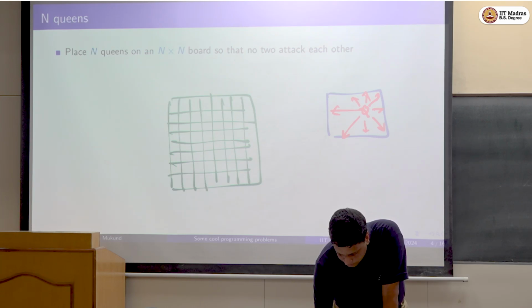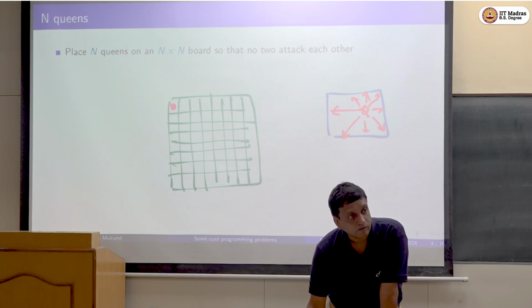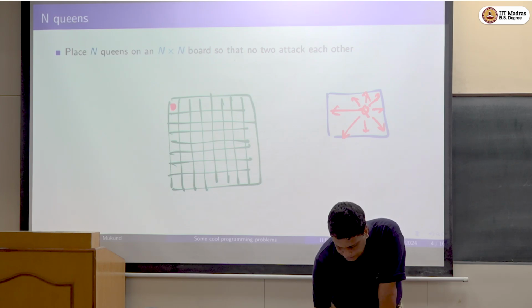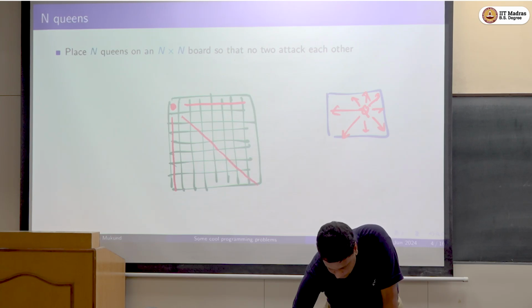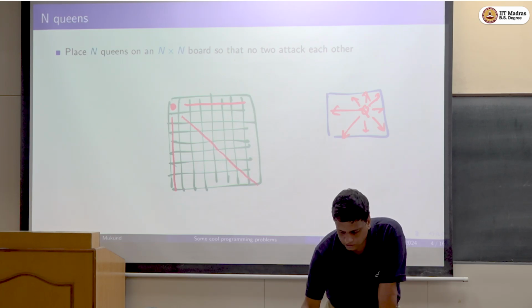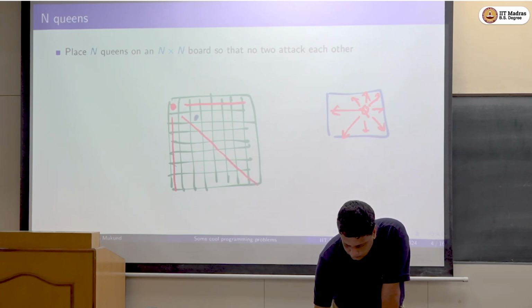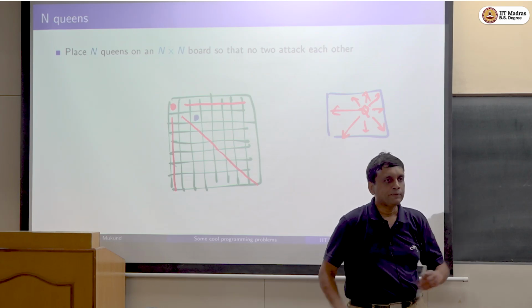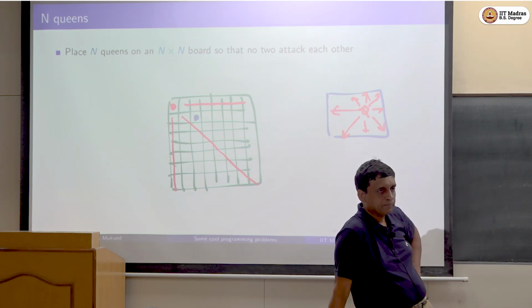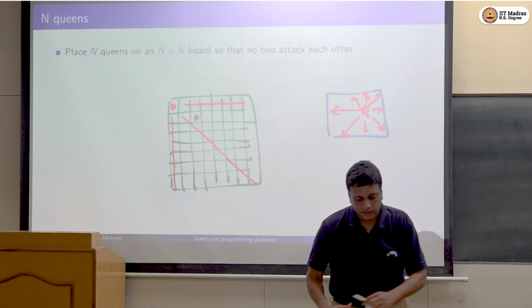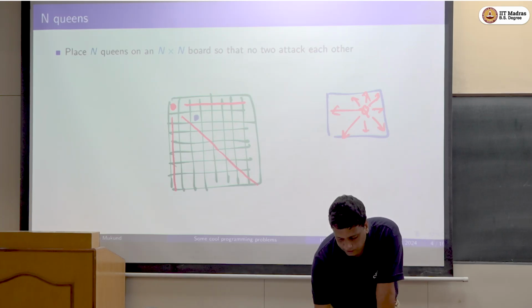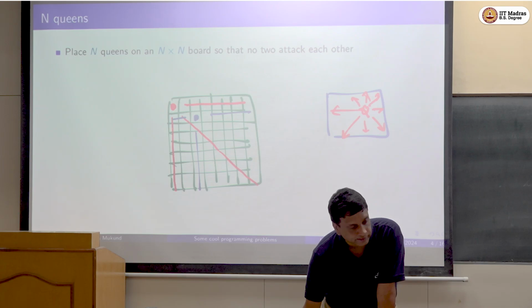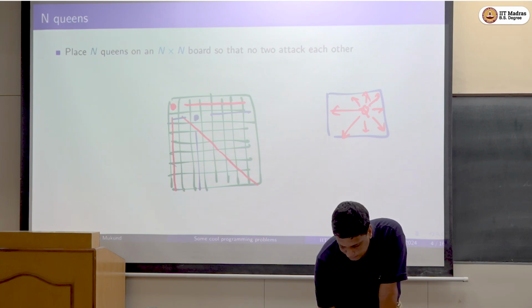If I put a queen here, then it will attack this, this, and this diagonal. If I put a queen here or another piece there, it is not being attacked by this queen. But now this in particular will attack some pieces which are also attacked by the red piece, and it will also attack some new places.